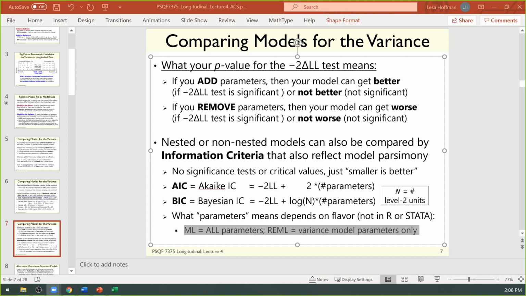The formula for that is in lecture 3, and it's n times n plus 1 over 2. For all of the models, you should know based on how it is described how many parameters are on each side. So the mean side at this point is either empty or saturated: either 1 if it's empty, which is just a fixed intercept, or as many as the number of occasions if it's saturated. The variance models are the ones we're going through right now in terms of how many parameters are in each of those. Okay, does that help?